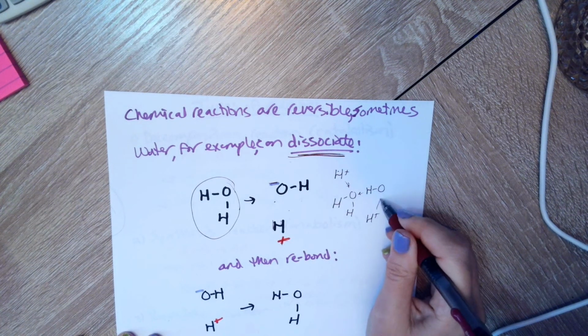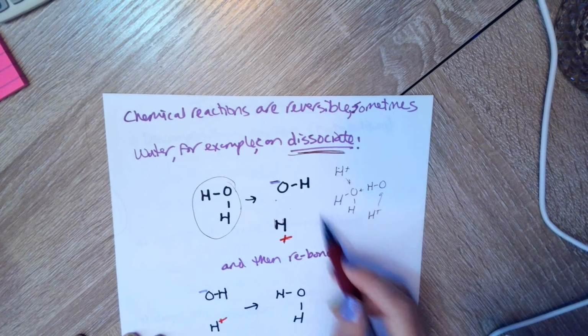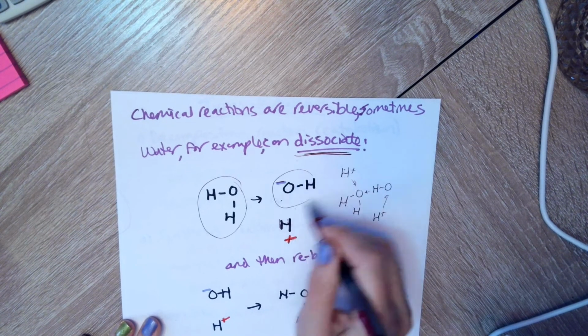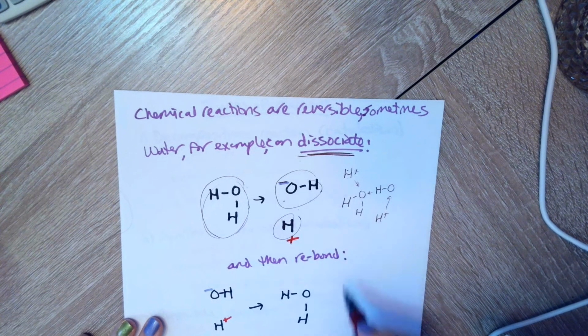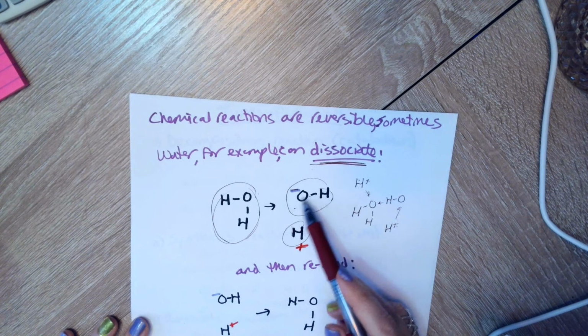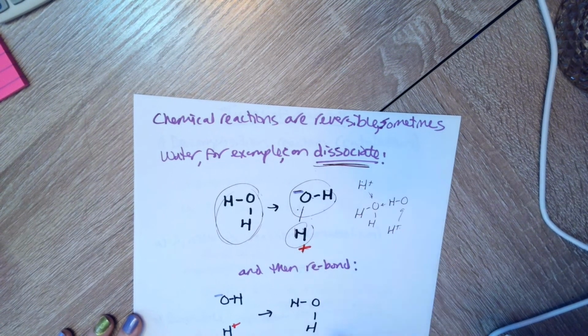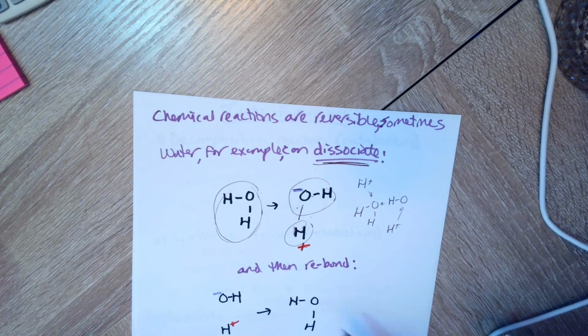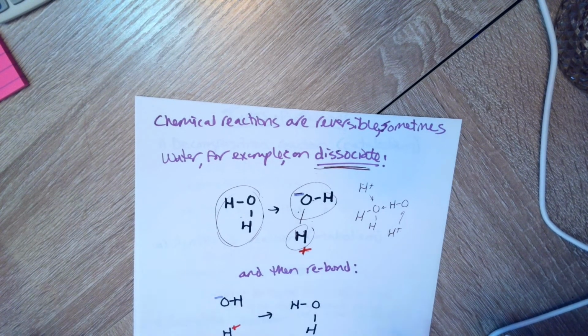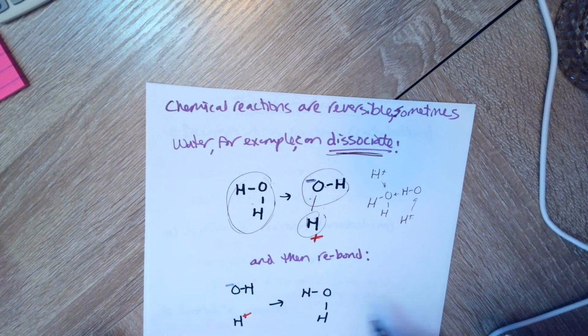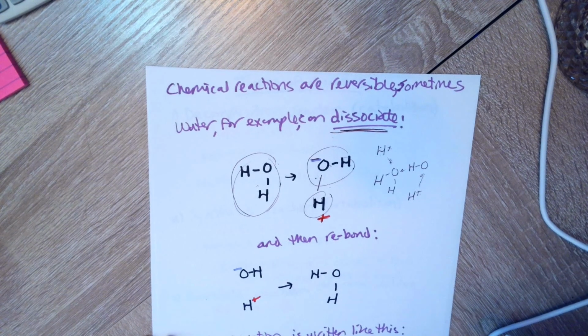So you're just going to have essentially a mixture of OH, hydrogen, and H2O. Now, this OH and the hydrogen could rebond, and then you have just H2O again, but in the meantime, maybe that one is now dissociating. So you're always going to have a mixture of those.